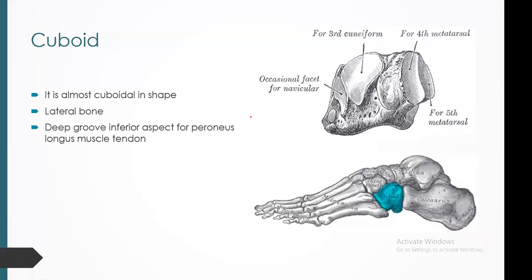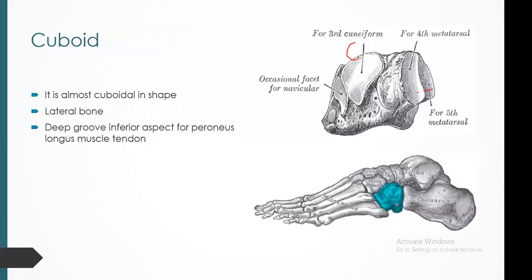The cuboid bone. It is cuboid in shape. It is the most lateral bone of the foot. This one. There is a deep groove on the inferior aspect for the peroneus longus muscle tendon. This also has articulation to the 4th and 5th metatarsals and to the cuneiform bone.